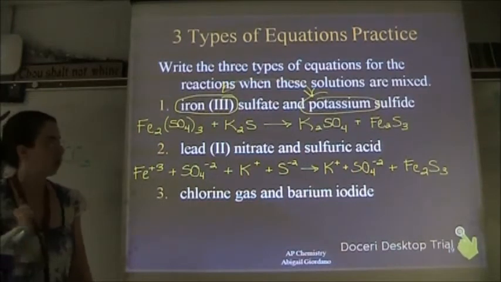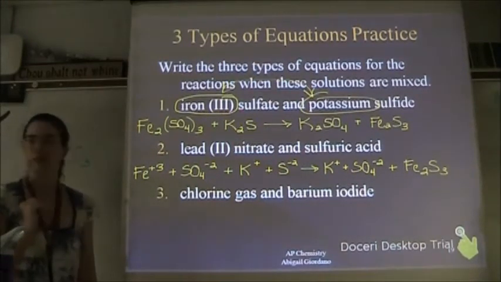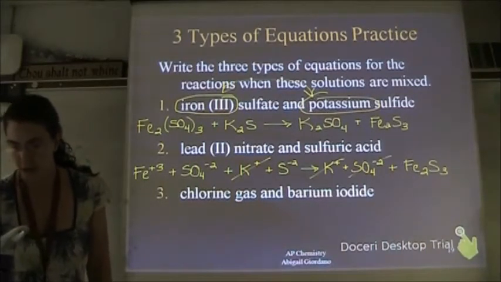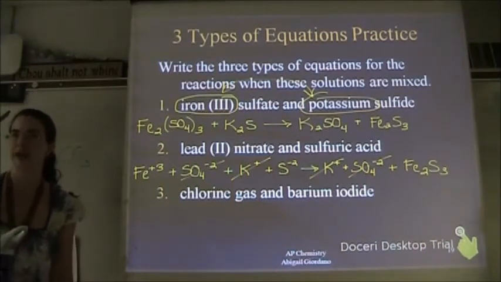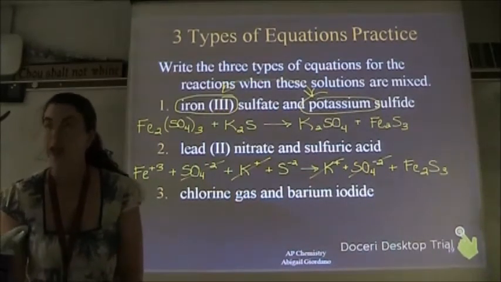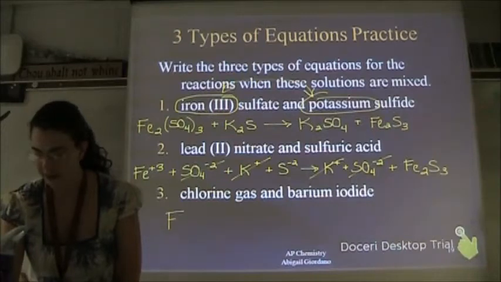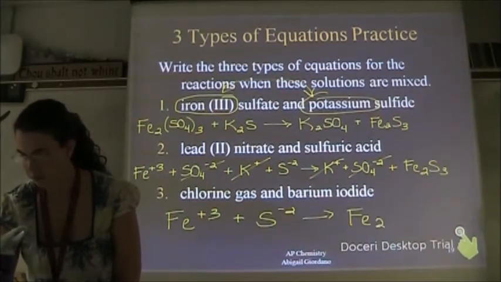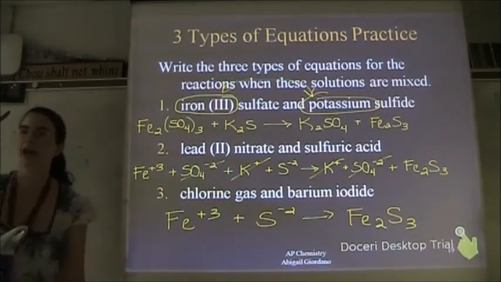What can I cancel out? Okay, potassium, gone. And sulfate. What are those ions called that I just crossed out? Spectator, absolutely. Very good. Let's write what's left. There's my net ionic equation.